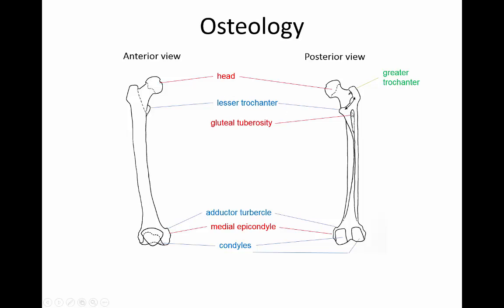Obviously, posteriorly there's a gluteal tuberosity, and the adductor tubercle. This is where our adductor muscles, which we find medially, attach to cause adduction of the hip. We have the condyles, both medial and lateral. Again, medial and lateral posteriorly. And sitting on these is our epicondyle.